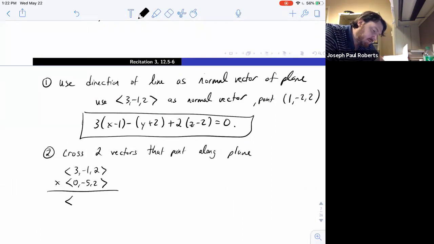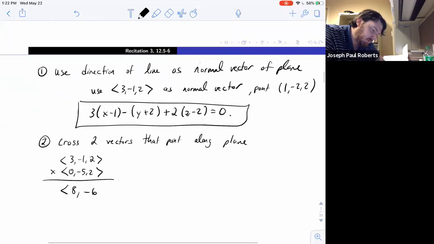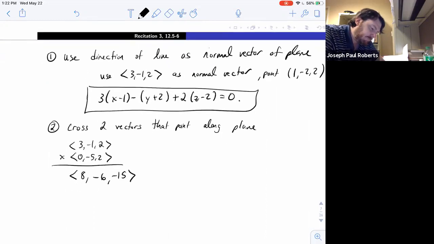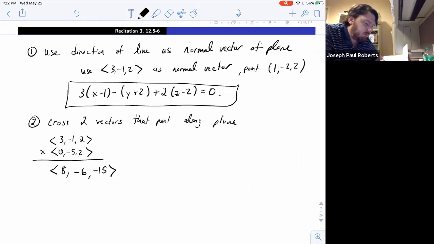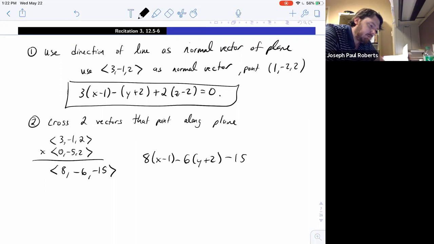But anyway, this is -2 plus 10, which is 8. This is -6. And then this is -15. And so then we could use the given point. So 8 times (x - 1) minus 6 times (y + 2) minus 15 times (z - 2) equals 0.